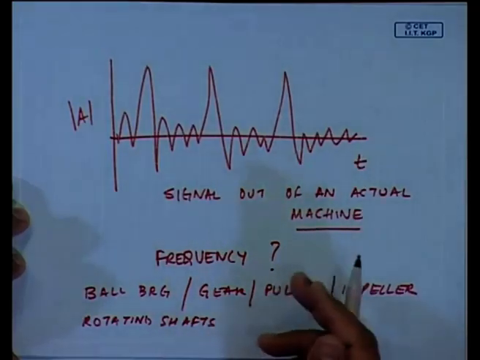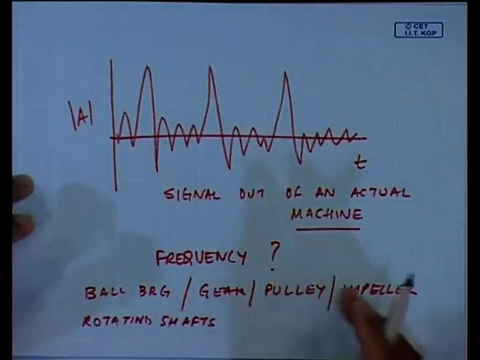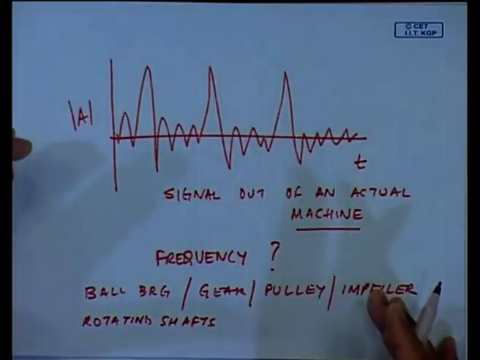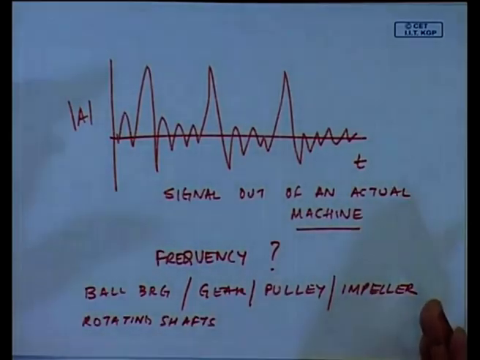So, there are many ways. Each of these mechanical conditions, be it a defective bearing, defective gear, defective pulley, unbalanced impeller, impeller with a blade not present, will have different characteristic frequencies.